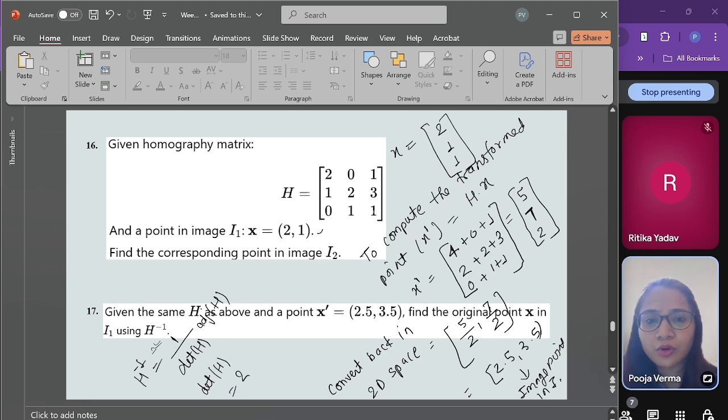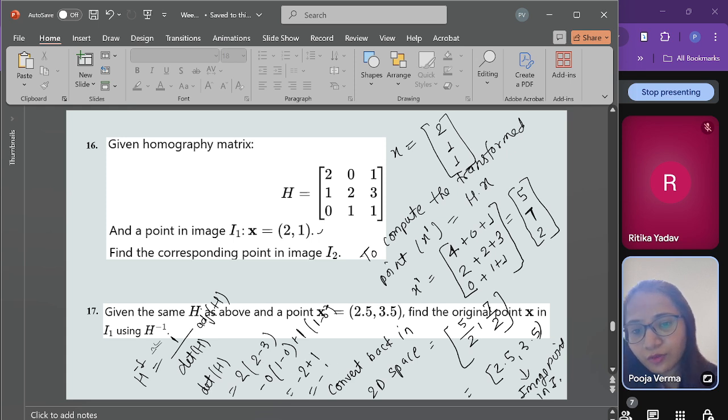So 2 into 2 minus 3, minus 0, plus 1 into 1 minus 0. So here you will get minus 2 plus 1, so the determinant of H is minus 1.